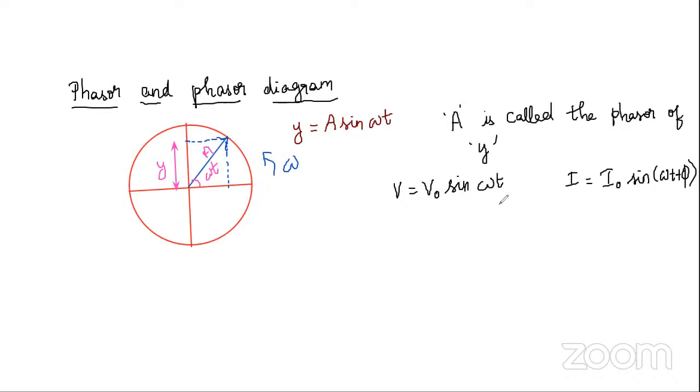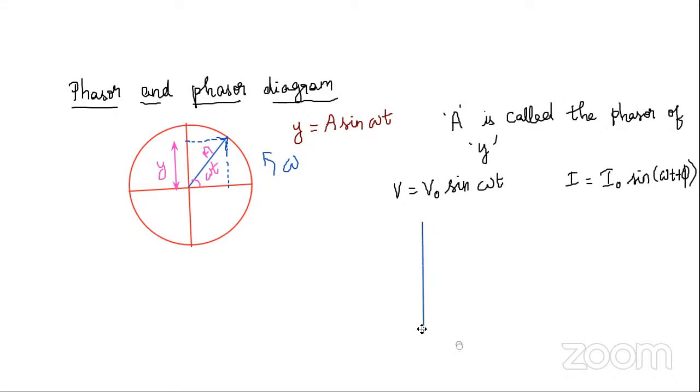Here we need to represent diagrammatically the leading and lagging of this phase. So V naught is one phasor and I naught is another phasor. How one phasor is leading the another phasor, that we have to represent with the help of a diagram, and that's what I'm going to do now.